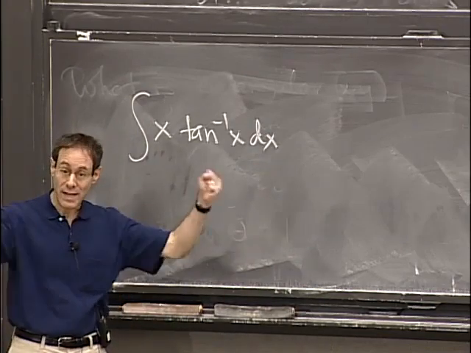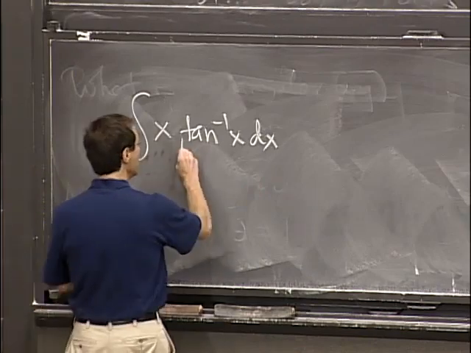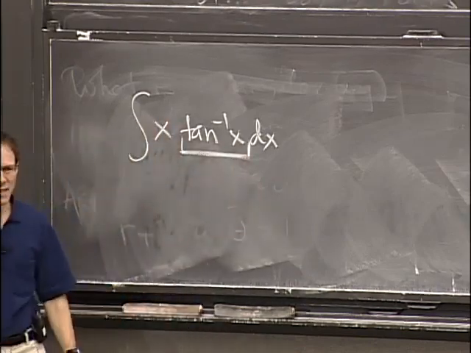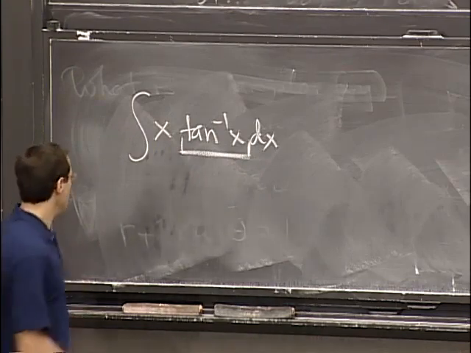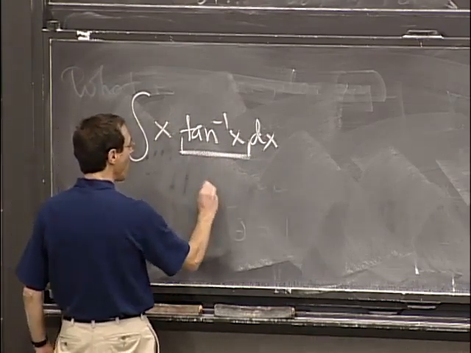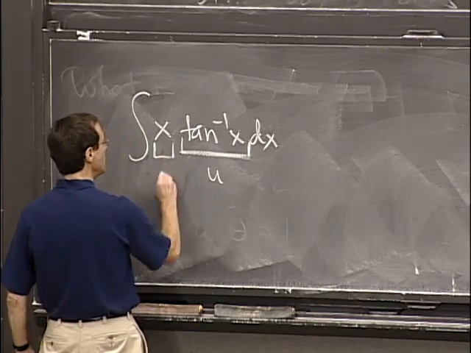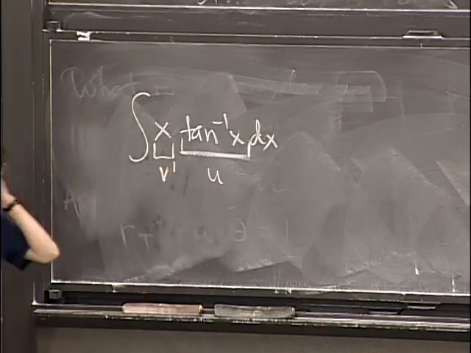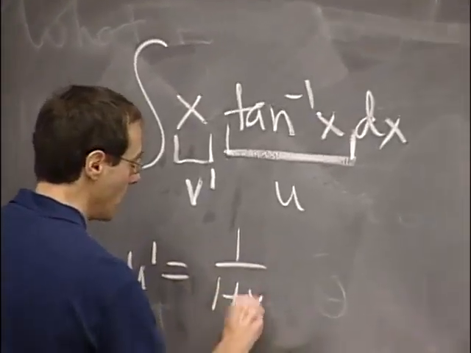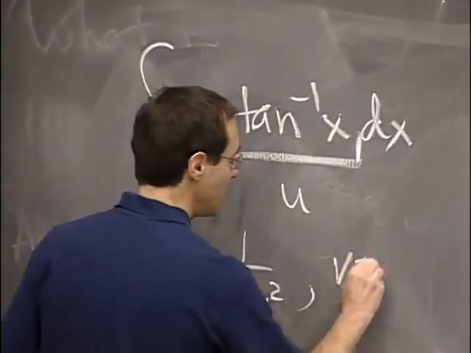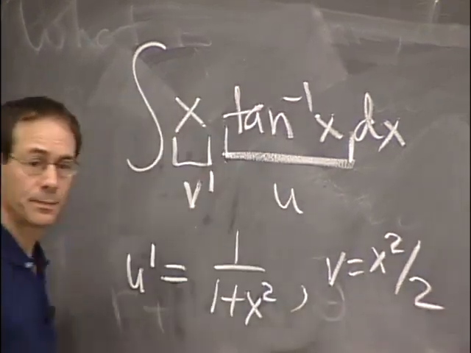Integration by parts, great. That's right. That's because this guy is begging to be differentiated to be made simpler. All right? So that means that I want this one to be u, and I want this one to be v prime. And I want to use integration by parts. And then u prime is equal to 1 over 1 plus x squared, and v is equal to x squared over 2.